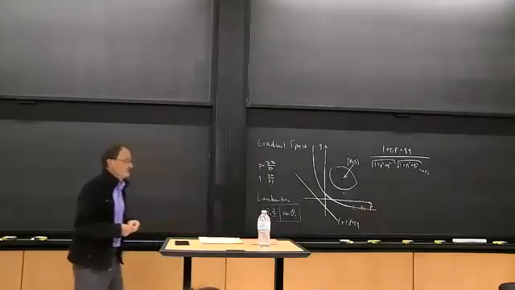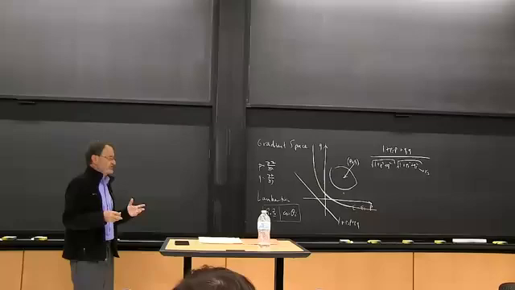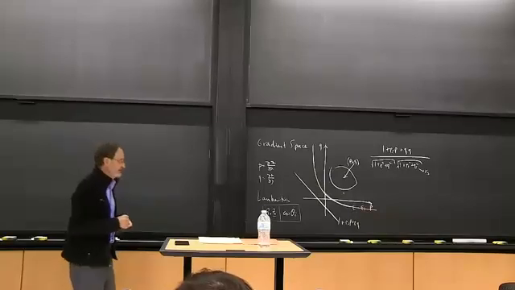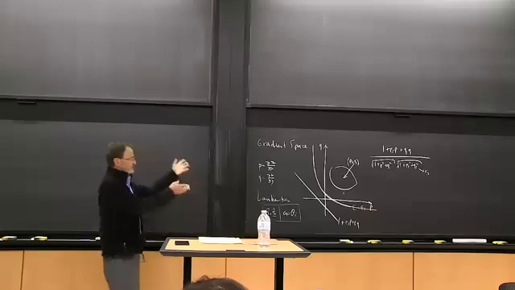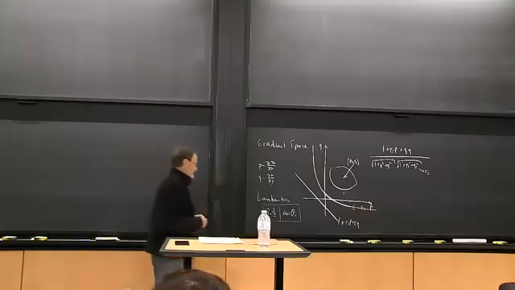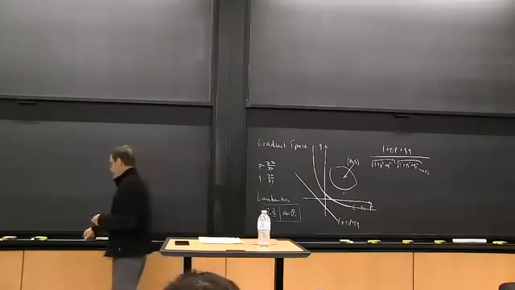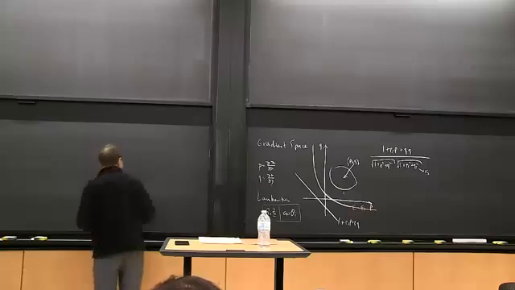But that's a hard constraint to implement. We'll get to that later. A much easier idea is, well, if I illuminate the surface differently, I'll get a different map, and I'll get a constraint on that map.